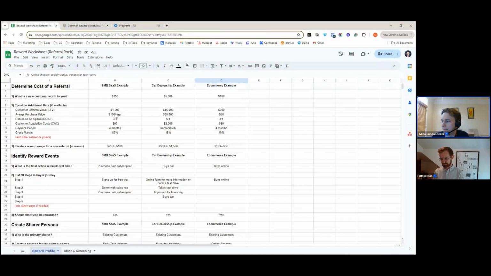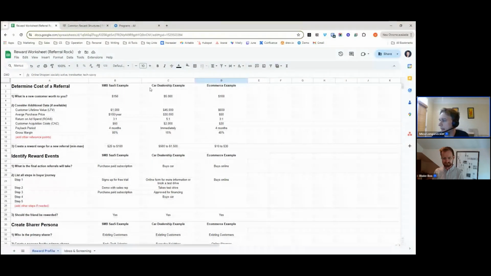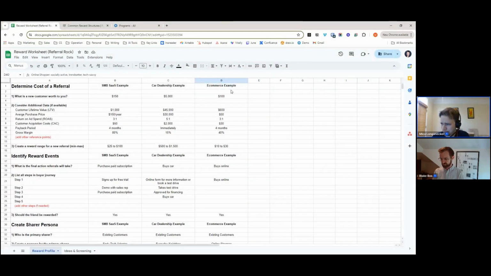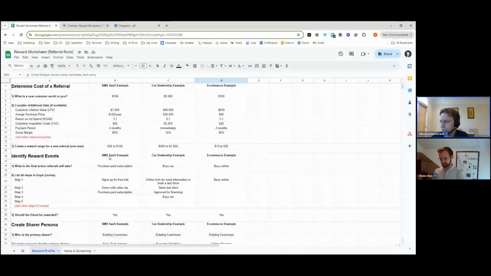So going back, we have the SMB SaaS, we have the car dealership, and we also have an e-commerce example. And the goal here is to, again, frame who it is that you're going to be giving rewards to. So, first thing is what's a new customer worth to you? And you put out the first value that comes to mind.